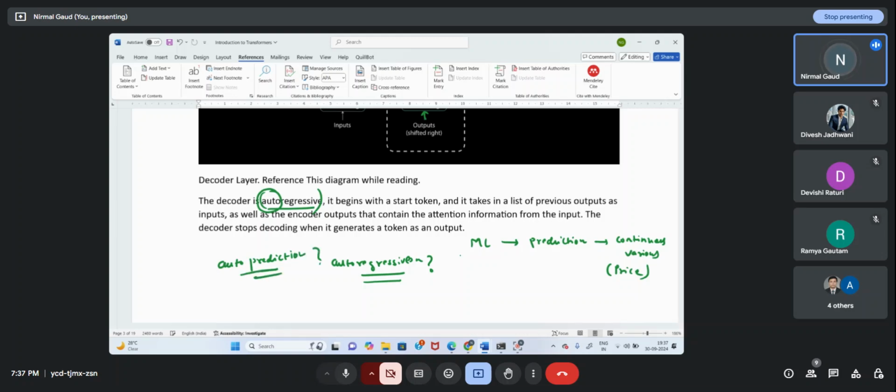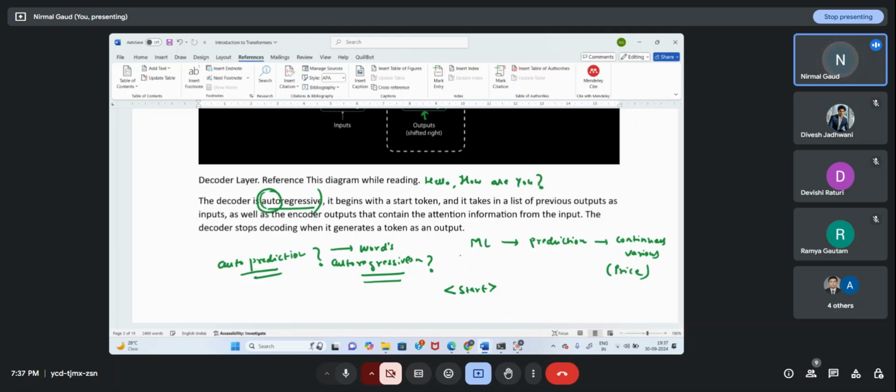What will it be predicting automatically? Obviously, the words. I will be having the start token. If you are asking a question to the transformer, like hello, how are you?